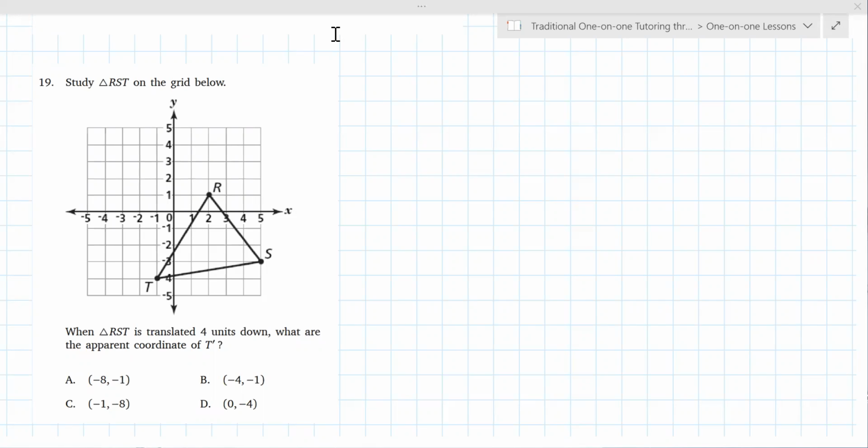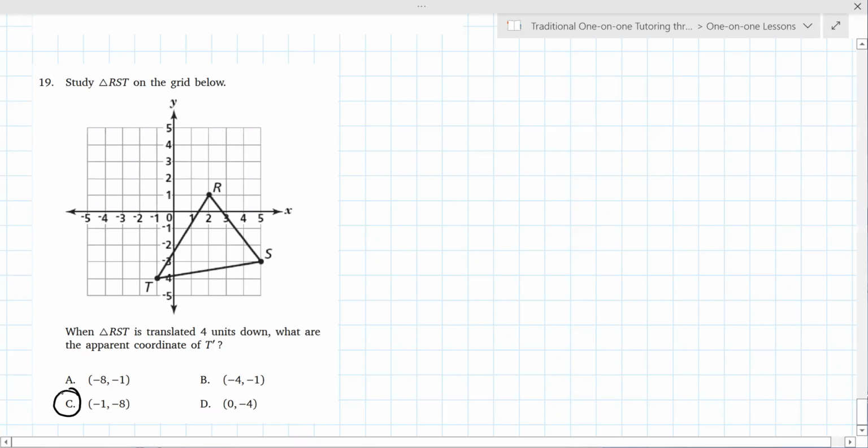And how confident are you in your answer? I'm confident. Good. So the reason I asked that is whenever you have these multiple choice tests, one of the strategies is to really have confidence in your answer. You don't want to have any doubt because it clouds your ability to move through the rest of the test. So 4 units down, not a big deal to move it, and it's off the grid. Sometimes students struggle with that, but no, that's great.